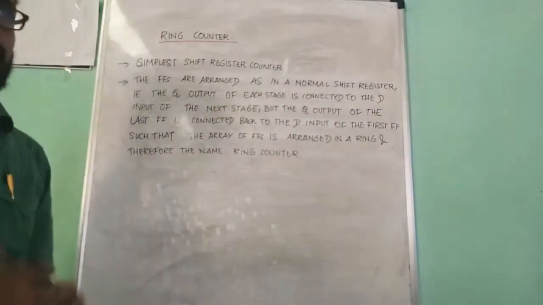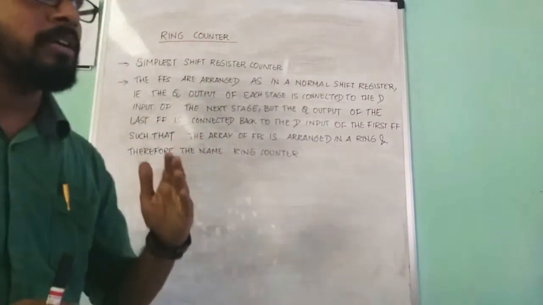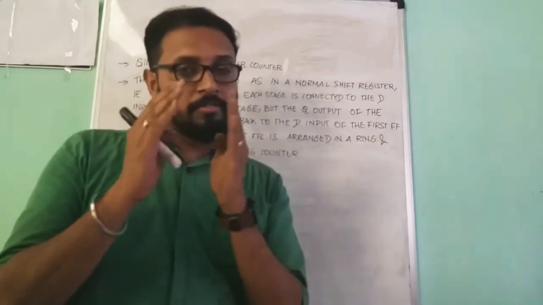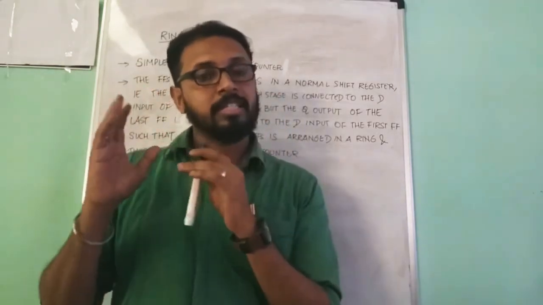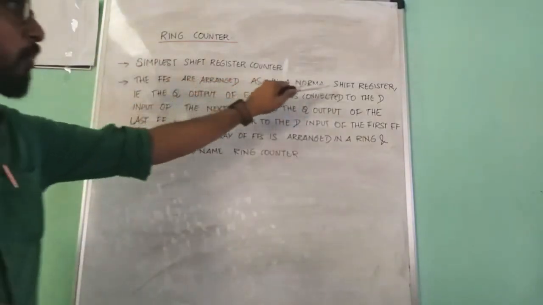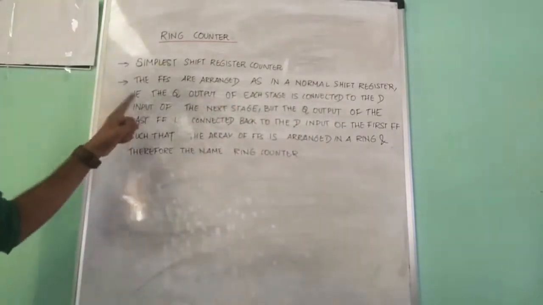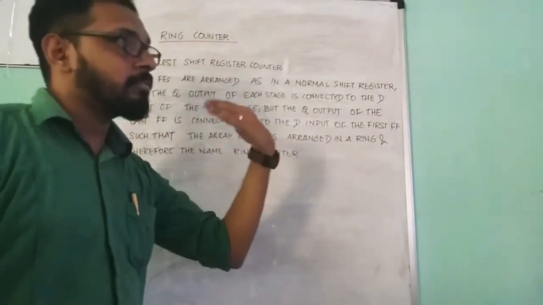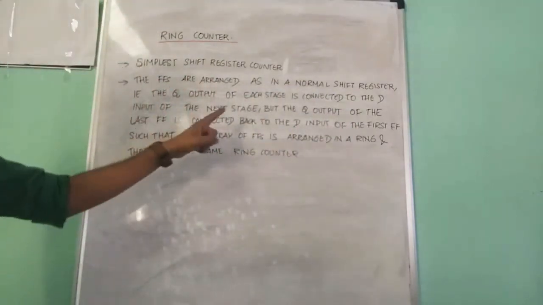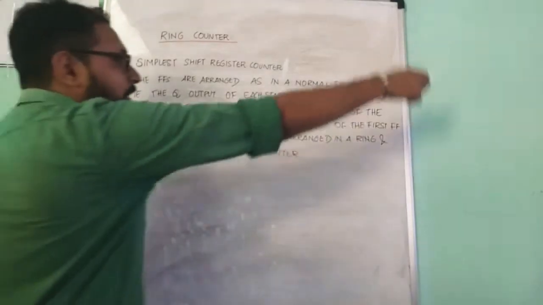Ring counter is the simplest shift register counter. The flip flops are arranged as in a normal serial in serial out shift register, that is, the Q output of each stage is connected to the D input of the next stage, but the Q output of the last flip flop is connected back to the D input of the first flip flop, so it forms a ring.